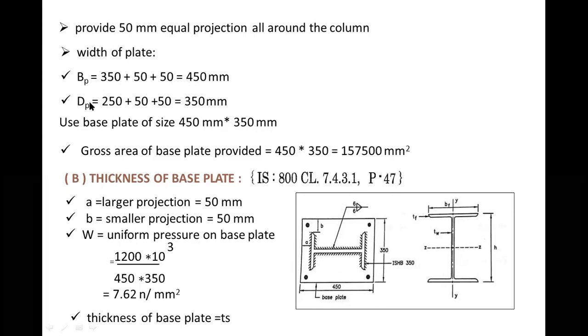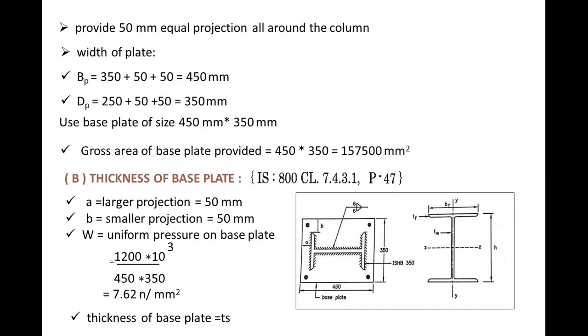At the same time, the width of base plate is equal to 250 plus 50 plus 50, which is 350 mm. So our base plate size is 450 by 350 mm. To find the area of base plate, we multiply B cross D, which is 450 multiplied by 350. Our answer is 157,500 mm square.